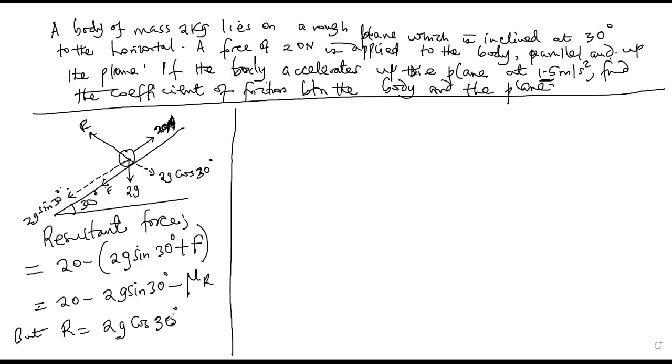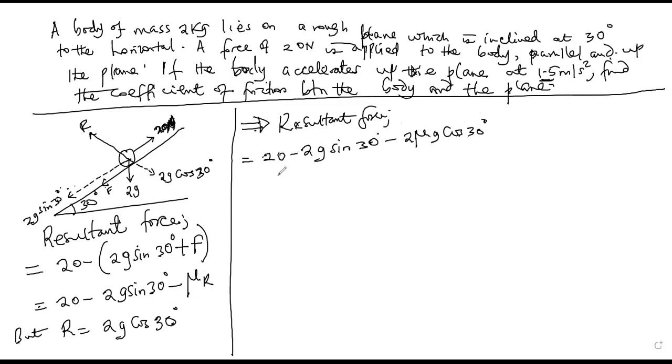What does it imply? When you substitute it there, you have your resultant force as 20 minus 2g sin 30 minus 2 mu g cos 30.